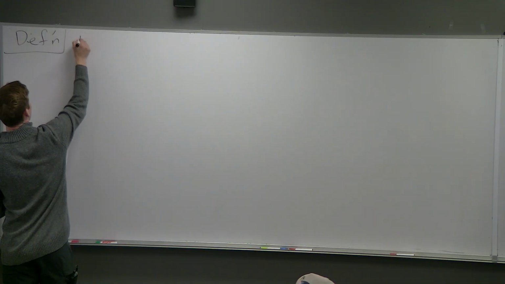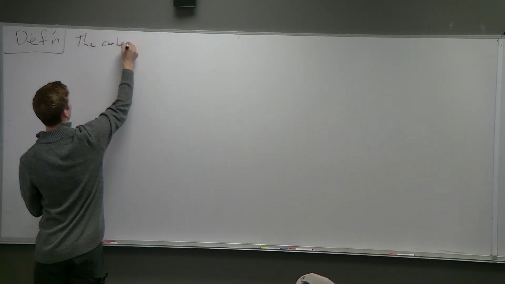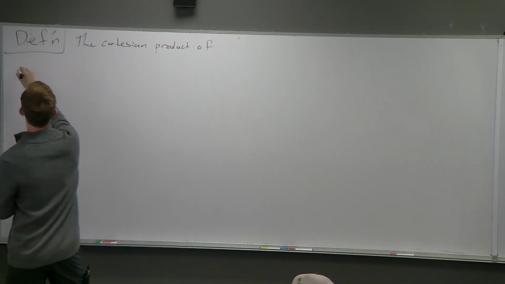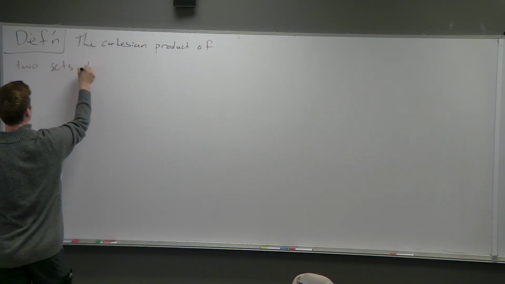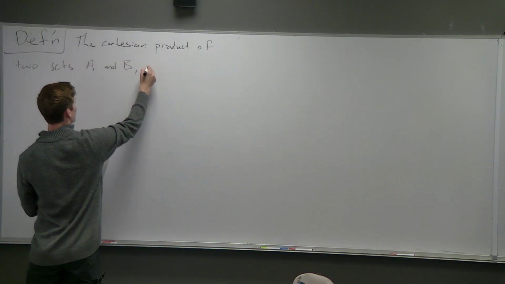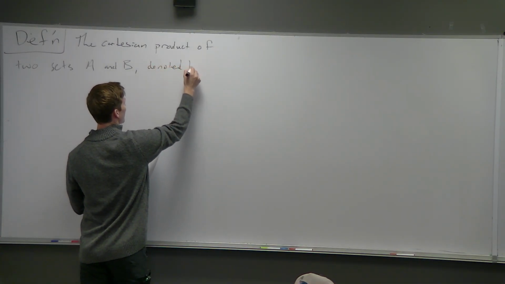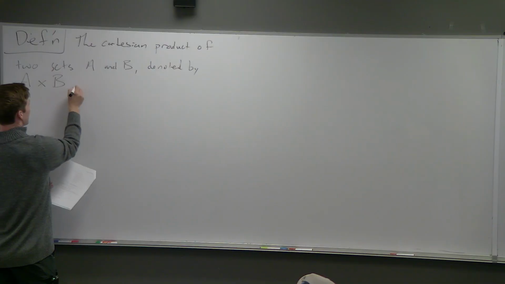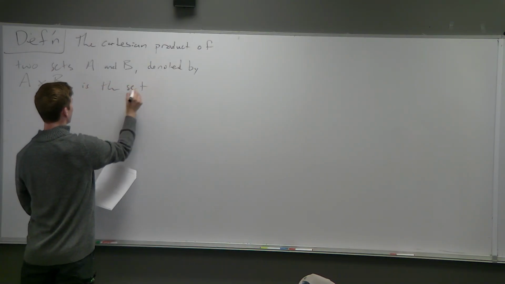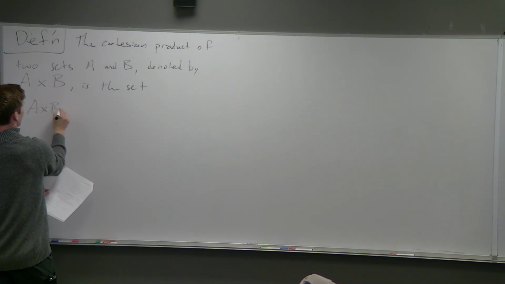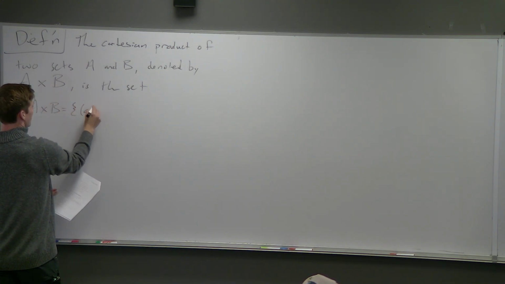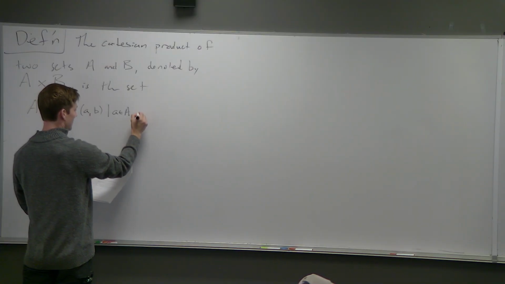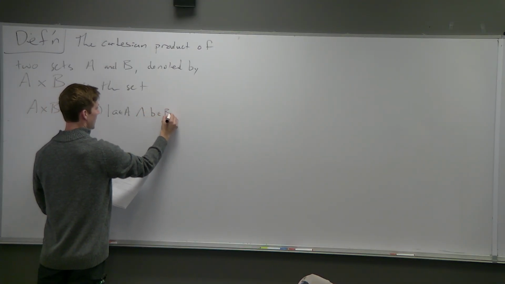We said the Cartesian product of two sets, A and B, denoted by A cross B, A times B, is the set A cross B, which is ordered pairs of elements (a, b), such that a is in A and b is in B.